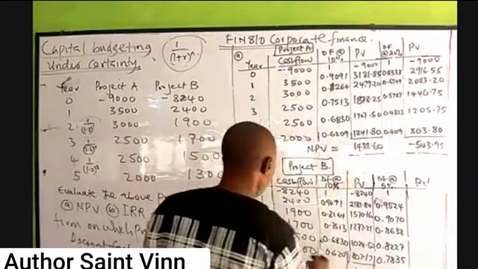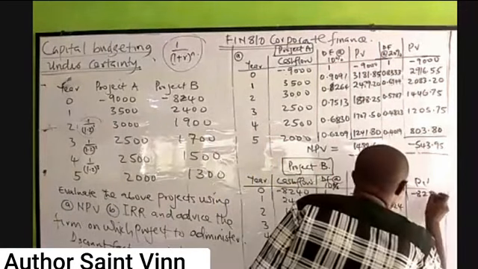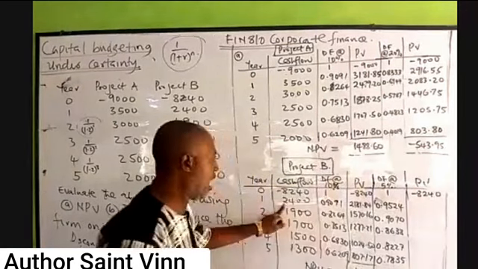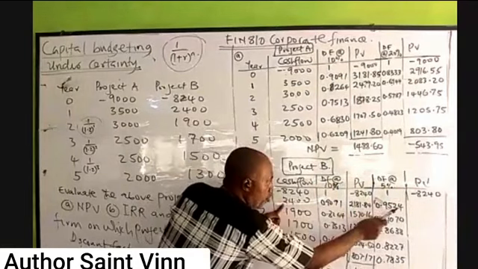We now multiply as usual. This is our cash flow. We have minus 8240 times this. Cash flow times the new discount factor.